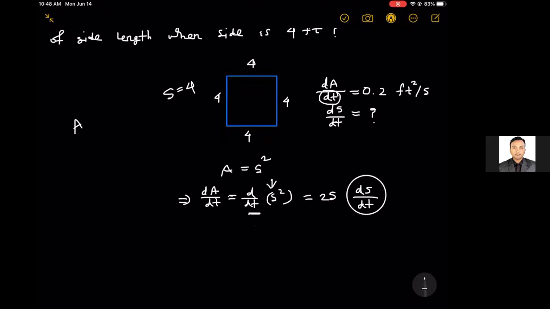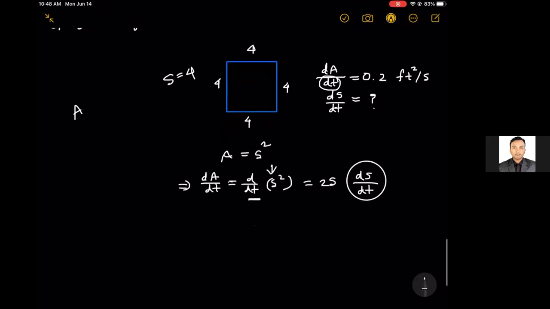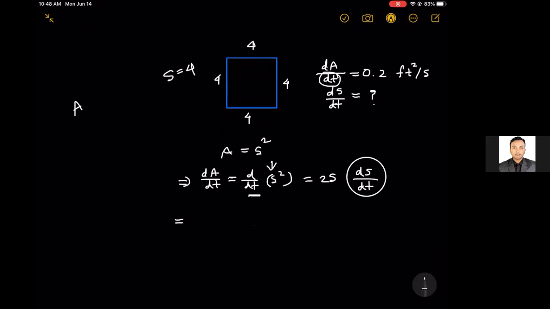That's what the chain rule says, right? Okay, so we're looking for ds/dt. So we'll isolate that. I'm just doing some algebra here, nothing else. So we'll divide both sides by 2s. So 1 over 2s dA/dt.